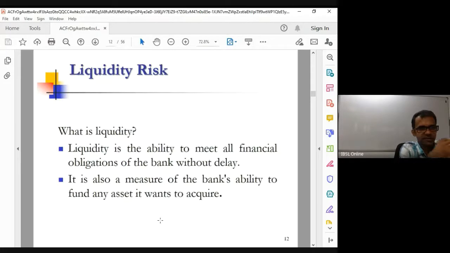You may have a lot of assets, very good quality assets, but you may be illiquid. If you cannot generate funds, cash, and meet the obligation, that means that you have a liquidity problem.